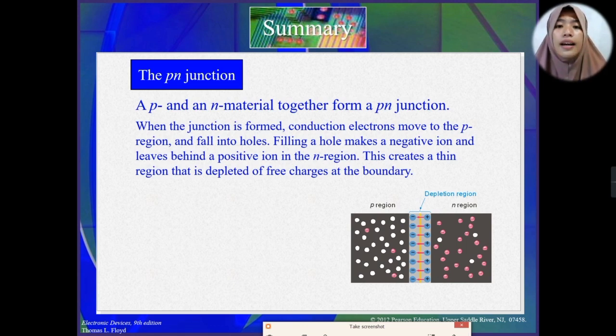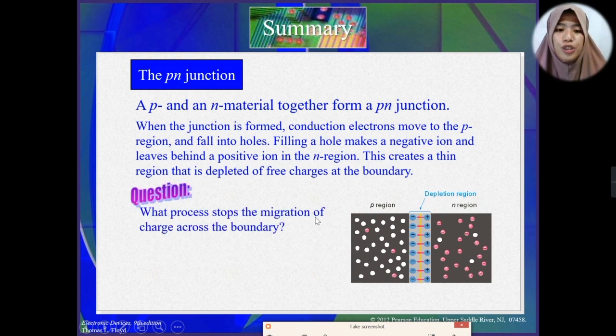This negatively charged layer is called the trivalent ion. So, this layer of positive charge and layer of negative charge is what we call the depletion region.